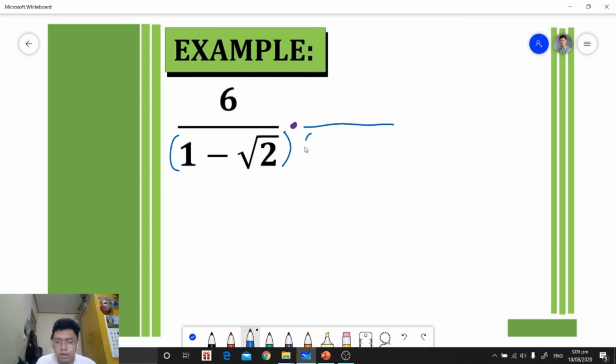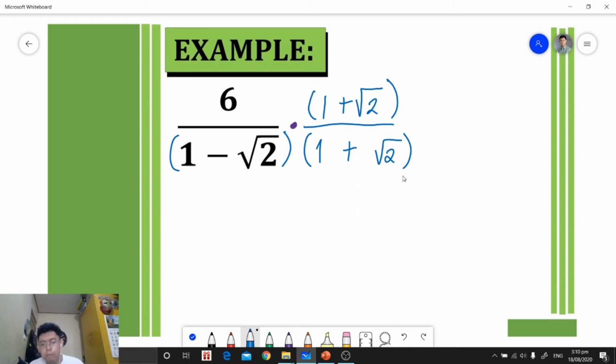We will just copy the terms and get the opposite operation. So since this is subtraction, our conjugate will be addition. And since we're going to multiply our denominator by this, we will also multiply our numerator by 1 plus square root of 2.